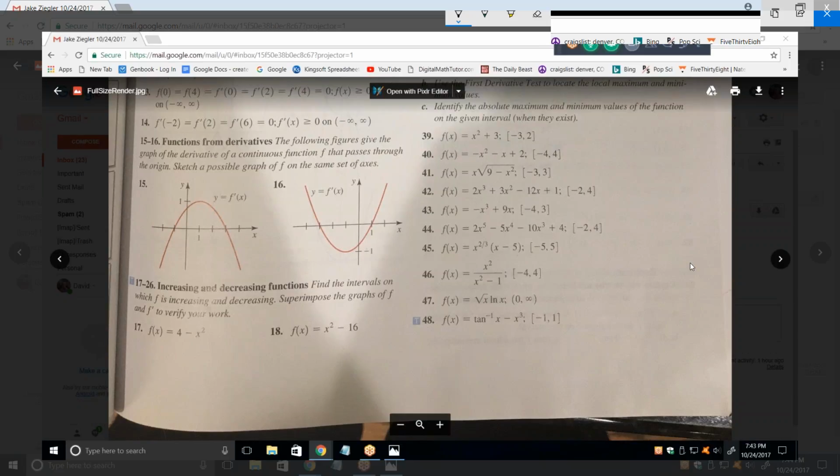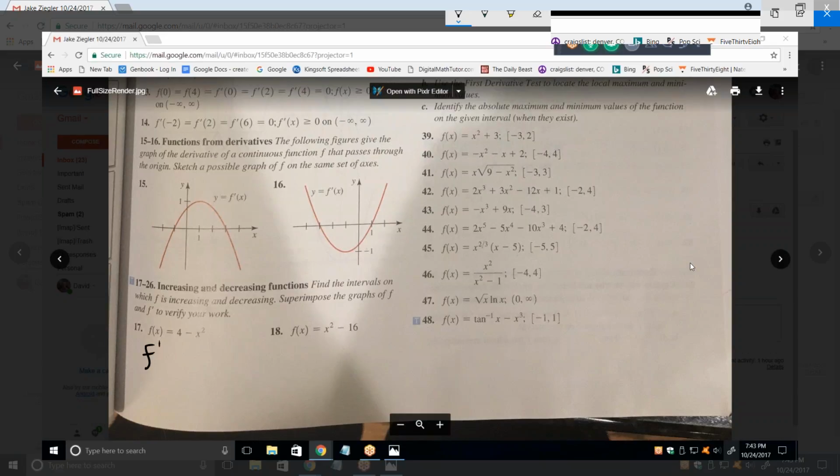Find the intervals on which f is increasing and decreasing. How do we do that on 17? Take the first derivative. Okay, I was just about to say that if you don't know the first step on a calculus problem, guess and take the first derivative.